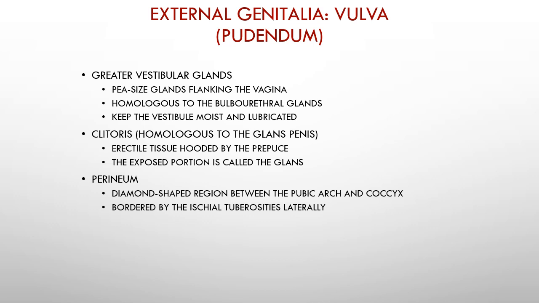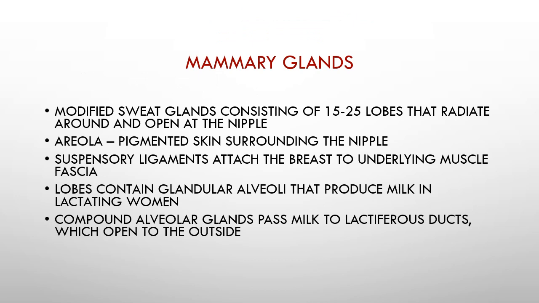Unlike the glans penis, there is no opening, so there is no urethra that extends from the glans. In terms of the clitoral tissue, both have essentially the same type of innervation between the male and female. It's just that with the female, it is more condensed in terms of the space. And then we talked about the perineum in terms of the structures that are found on its edges.